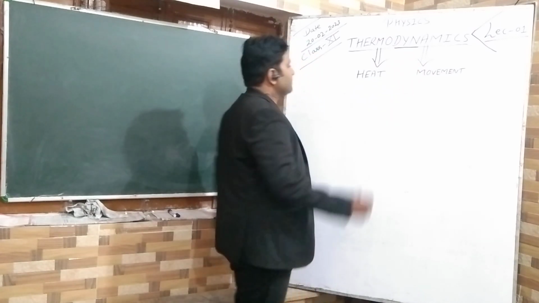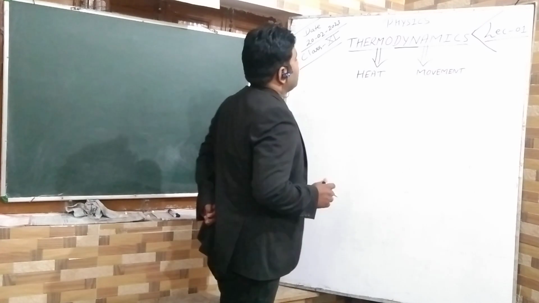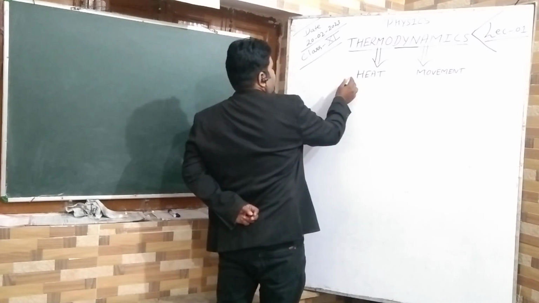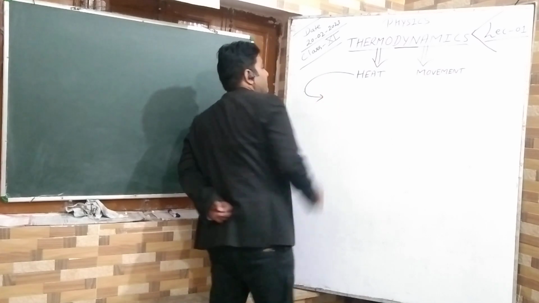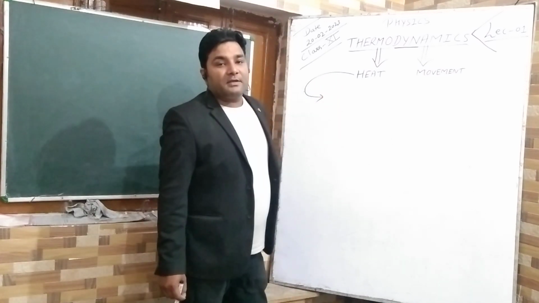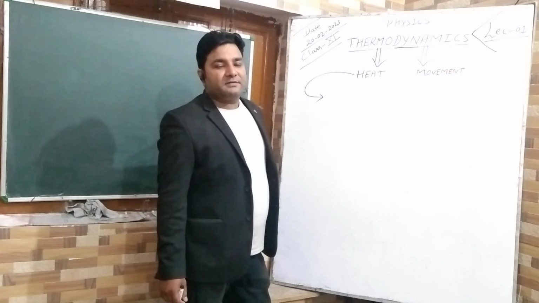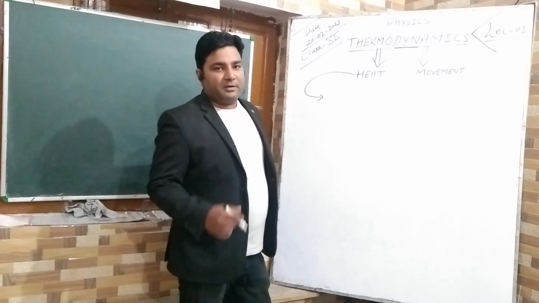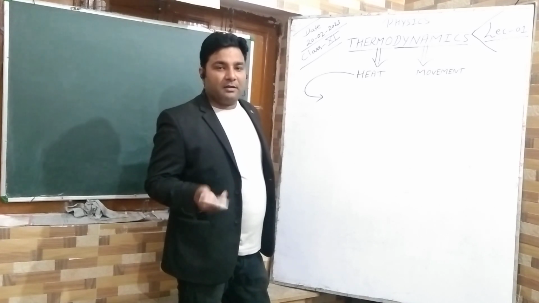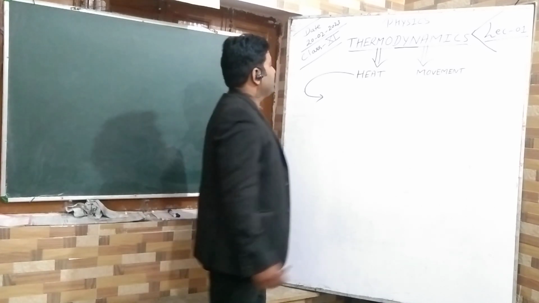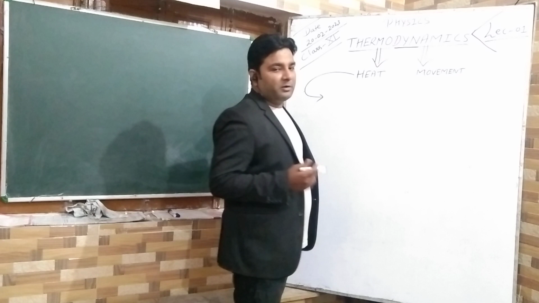Clear? Starting from heat: heat is a form of energy that gives the sensation of a body being either hot or cool. If a body has greater temperature, then the body is hot.